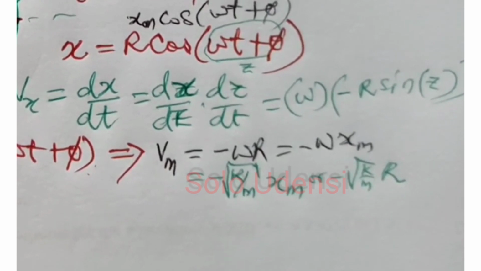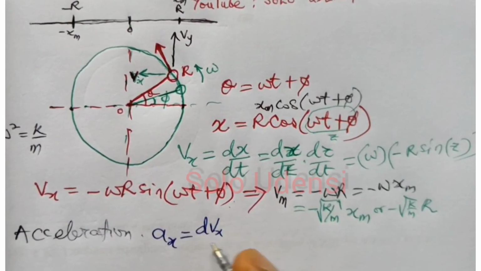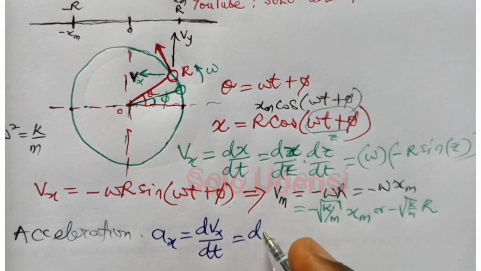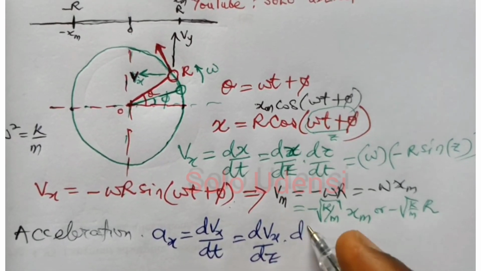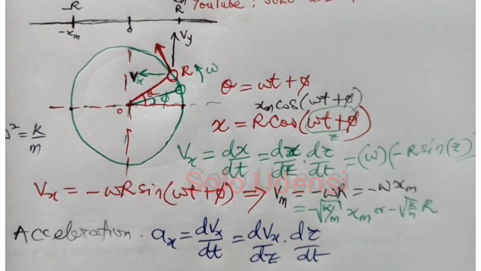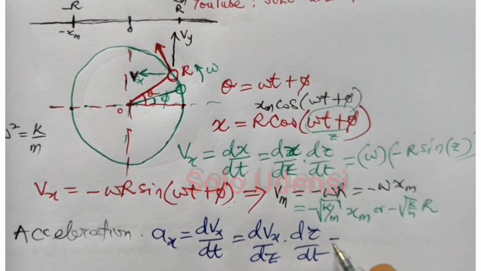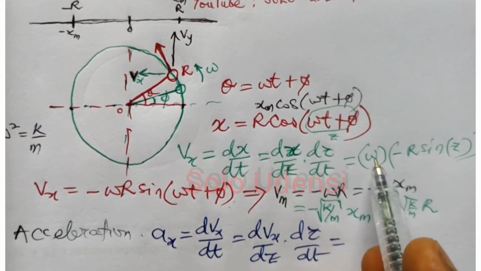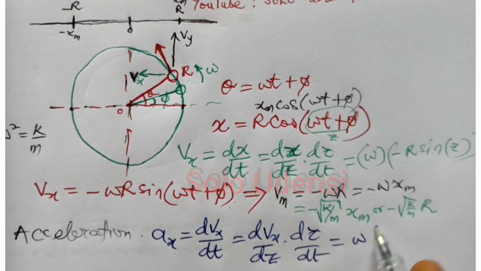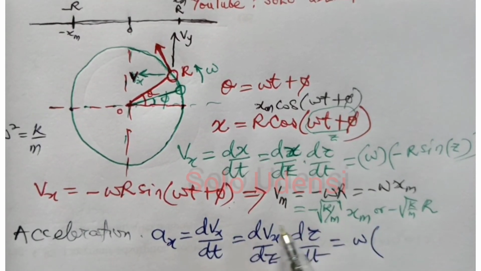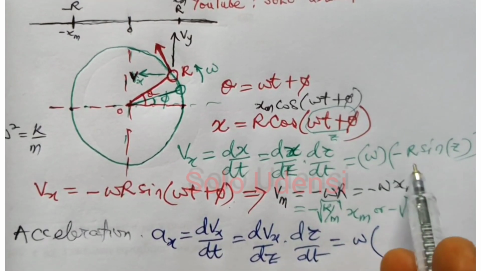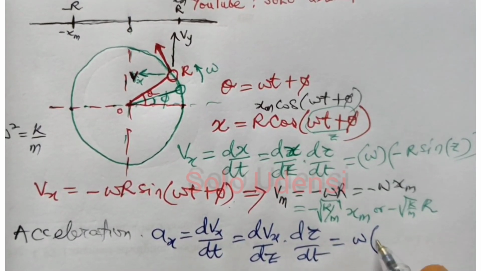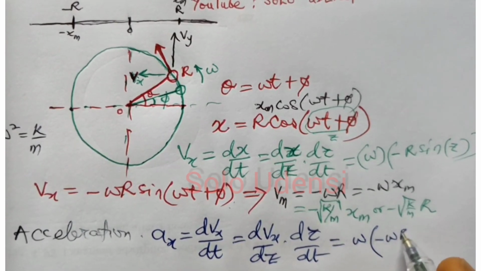For the acceleration, we will differentiate velocity along the x-axis with respect to time. If we do the same thing that we did before, function of a function, when we differentiate z with respect to t, we have our omega. If we differentiate the whole thing with respect to z, we will have minus omega r.